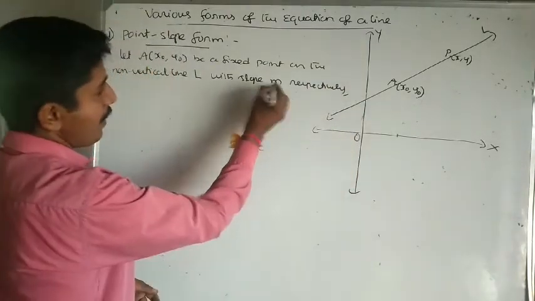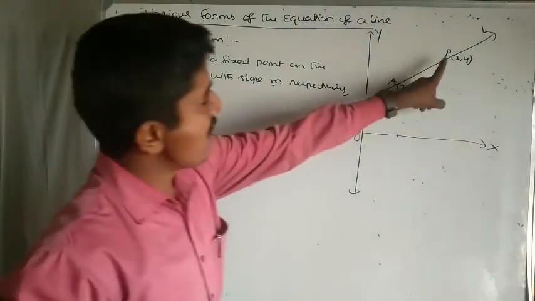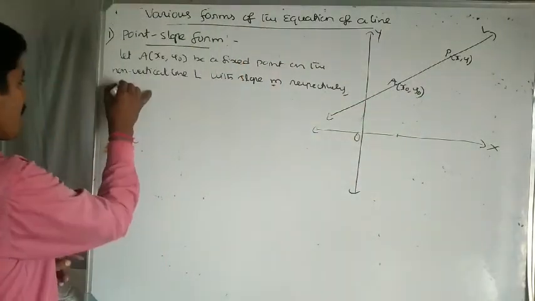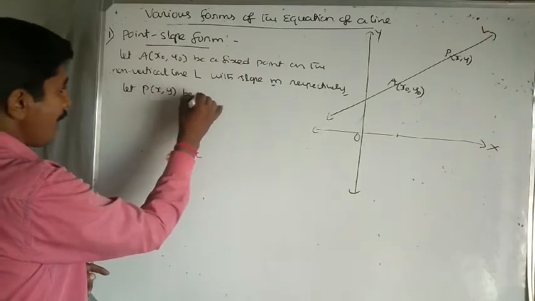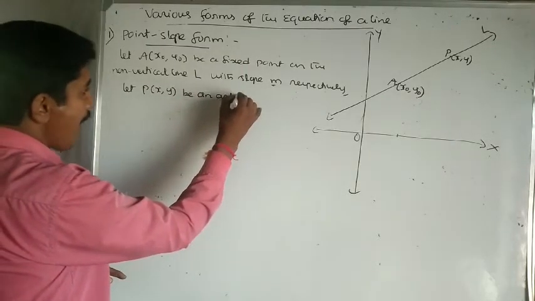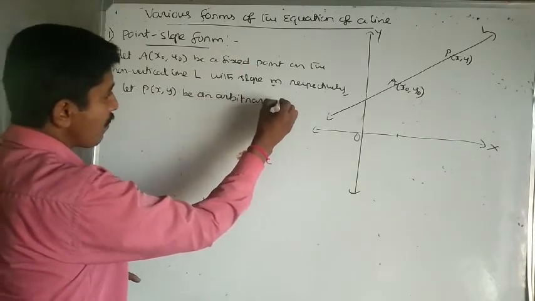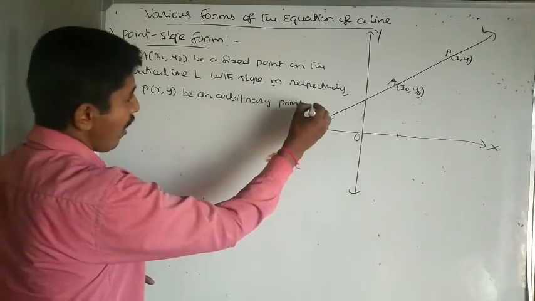Let P of x comma y be an arbitrary point on the line L.